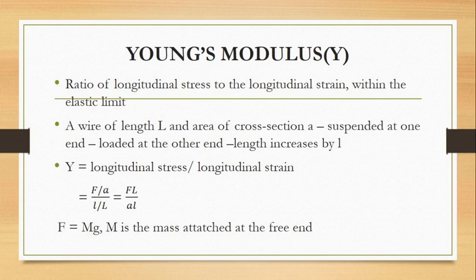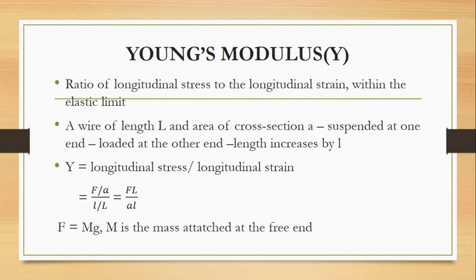Now what is stress? Stress is force by area. So here F by A divided by longitudinal strain, which is change in length by original length, small l by capital L. So rearranging, we will get Y is equal to F into capital L divided by small a into small l. So that is the expression for the Young's modulus of a material.